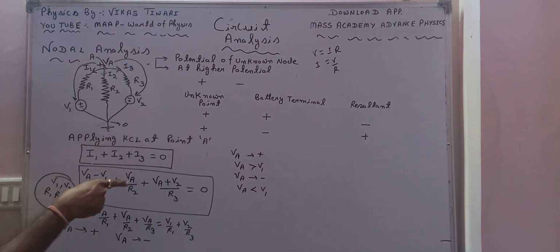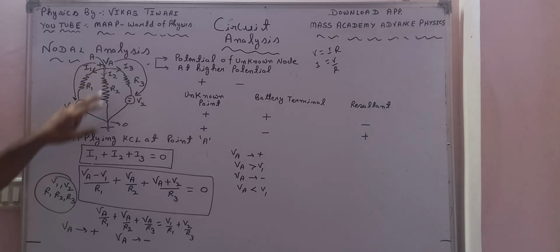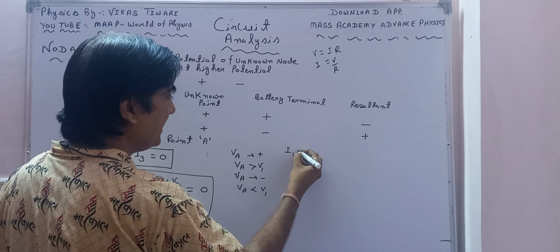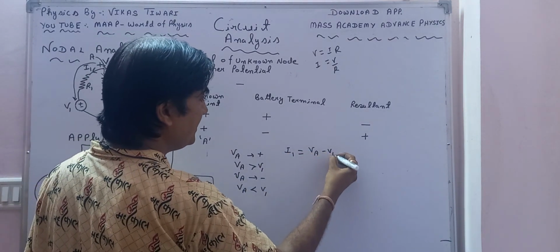of KCL at this particular node. Because there is only one node, we require only one equation, and we can solve for the unknown voltage VA. Once we find the value of VA, we can easily find the value of I1. I1 is nothing but VA minus V1 upon R1.